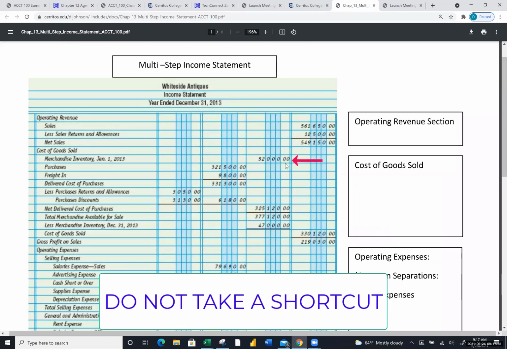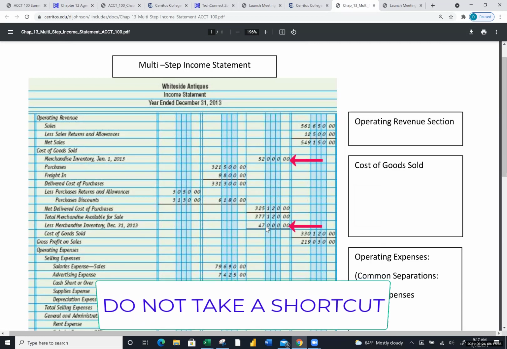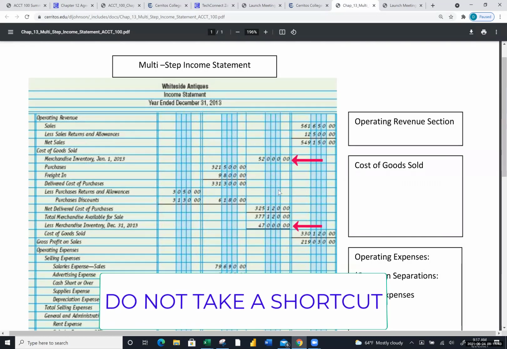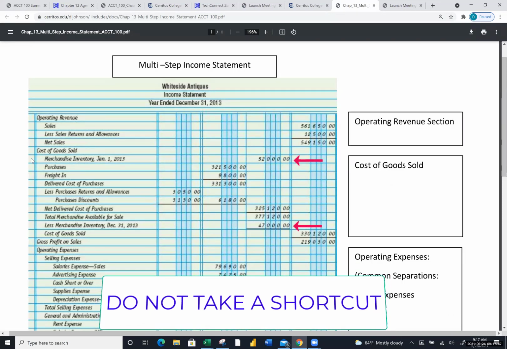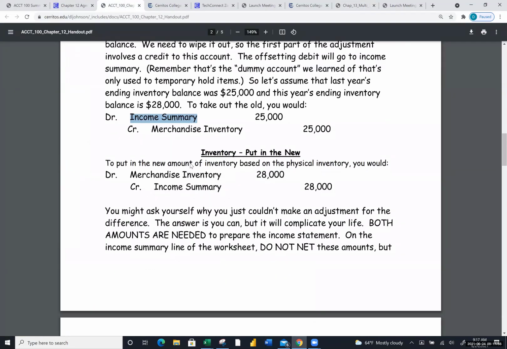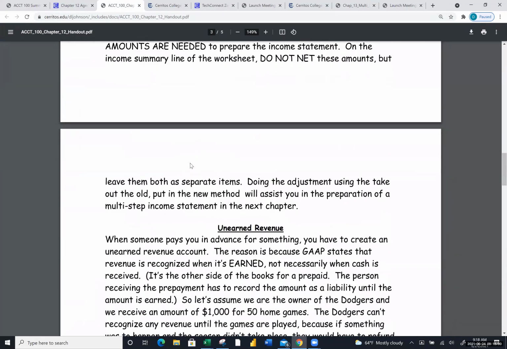We need the beginning inventory here and the ending inventory here. So we're going to do it in two steps. Do not shortcut it. Do it in two steps, because both beginning and ending inventory are going to be needed in the largest expense calculation in the book, called cost of goods sold. Let me get my handout back up here. That's going to be our first one, and I'm going to demonstrate that shortly.